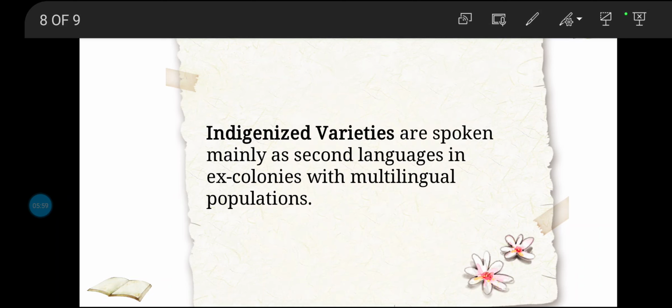For example, we have Singlish, which is spoken in Singapore. It's a variety that is very different from standard English. And there are many other varieties of English which are used in India. So those are indigenous varieties.